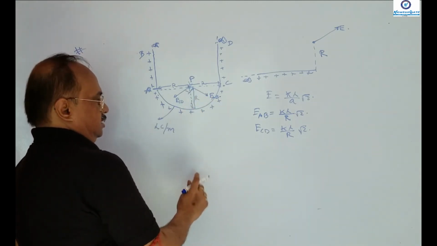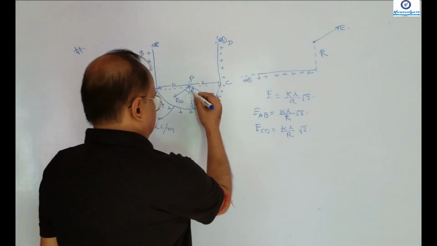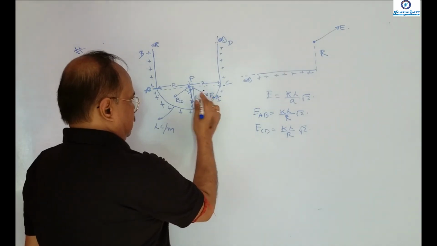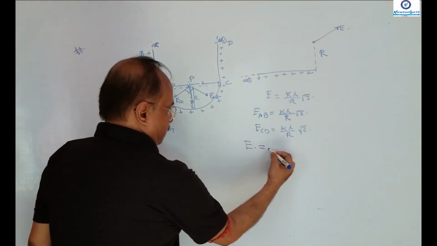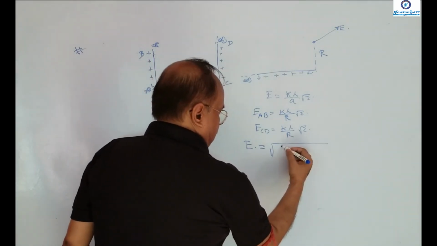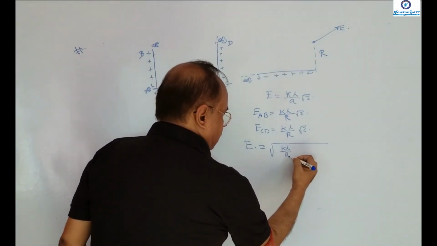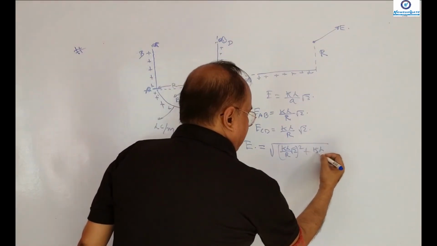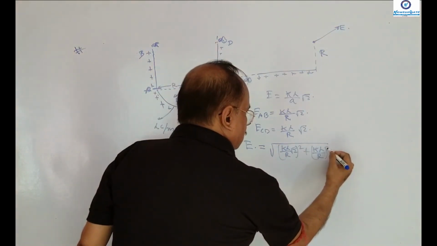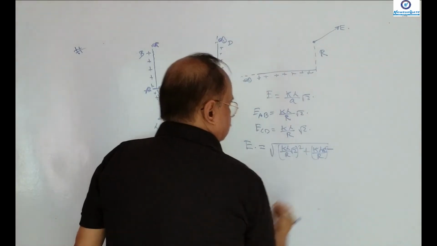You can see it. So that means the electric field net will be along this direction due to this EAB, and E will be equal to root over k lambda by r root 2 whole square plus k lambda by r root 2 whole square.